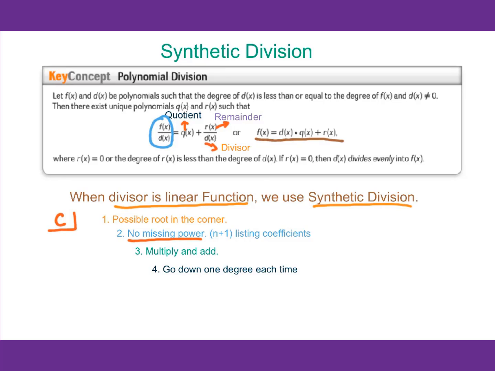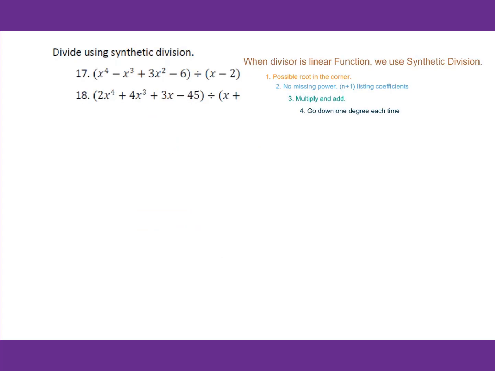That means n plus 1 listing coefficients for a polynomial with degree n. Then you do multiply and add. Then you go down 1 degree each time after you did one synthetic division. Now let's do some practice about synthetic division.